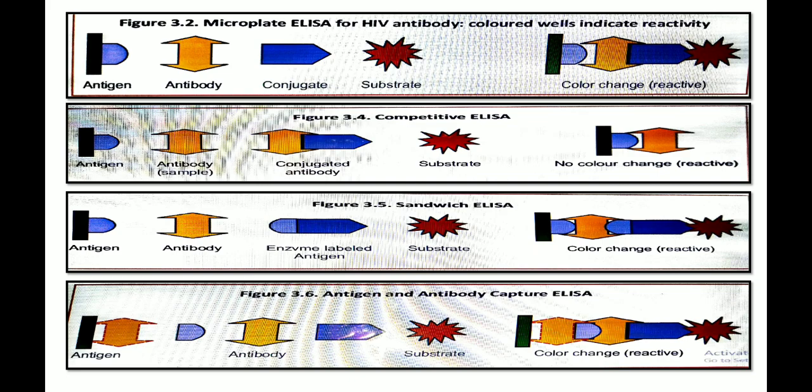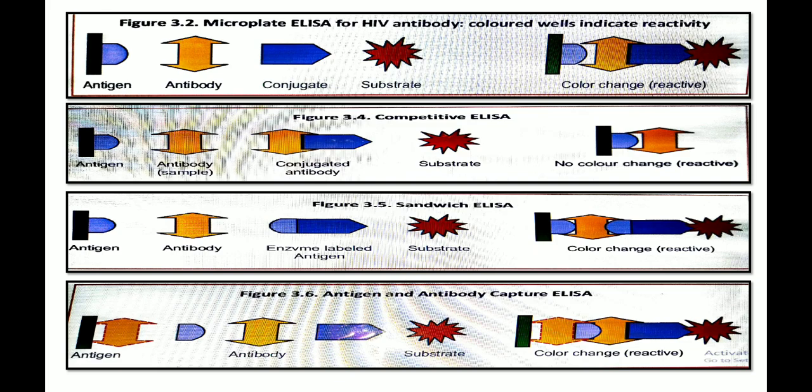In the absence of a specific anti-HIV antibody, or in a non-infected person, the conjugate will bind more than the serum sample, because obviously there will be no antibodies in the person. But in the presence of an anti-HIV antibody in an infected person, only a little conjugate will bind.